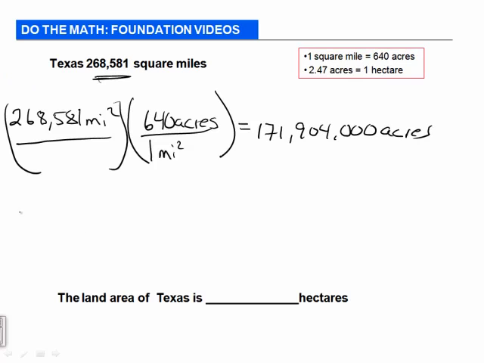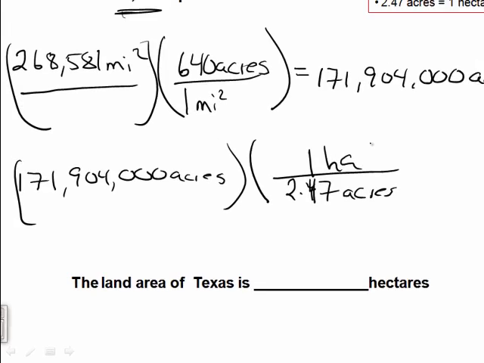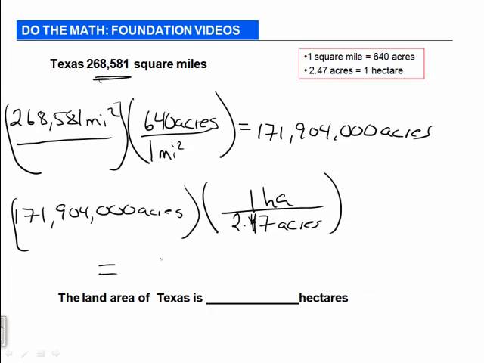I then take that number, 171,904,000 acres, and use the acre to hectare conversion, 2.47 acres is equal to 1 hectare. So you'll divide the numbers, and you get a pretty big number here, 68,761,600 hectares.